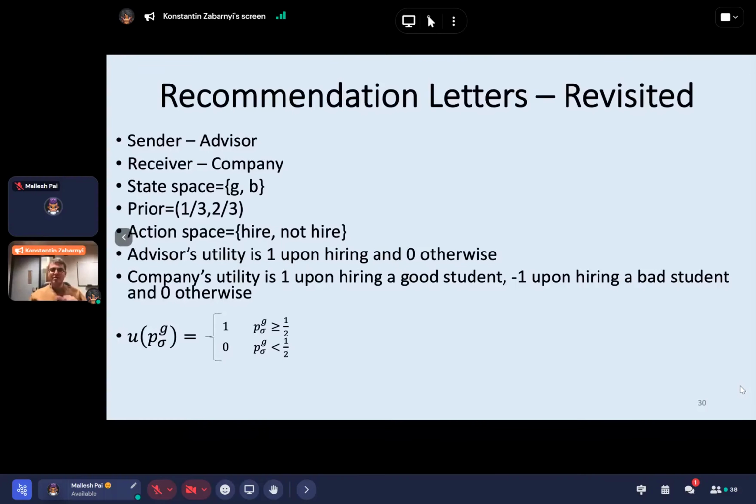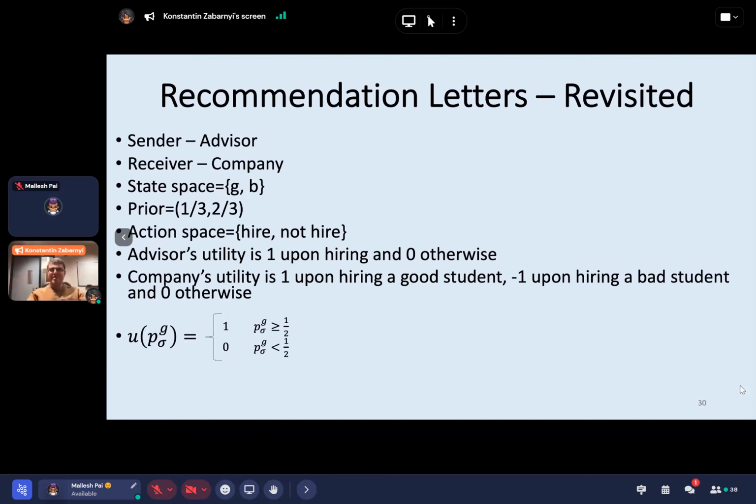So recall that there is the probability of one third for the state being good and two thirds for the state being bad. And there are two actions, hire, not hire. The advisor just wants the receiver to hire, while the company wants to hire if and only if the state is good. And the utility of the company upon not hiring is always 0.